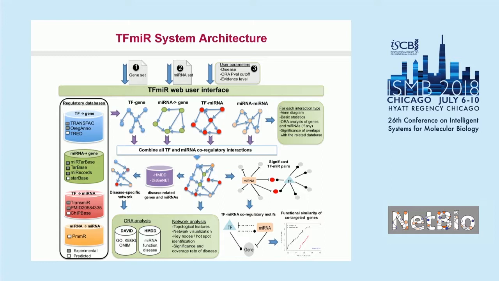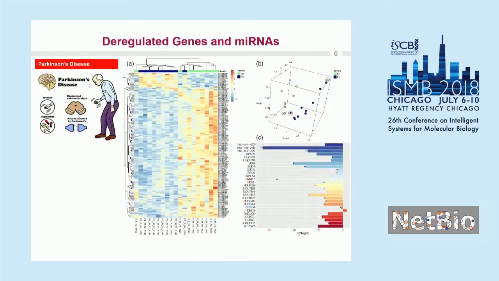There is some evidence behind this. Then collecting all of that into one big network, called the TF-microRNA network, and then reducing this network into a disease-specific network and doing some standard network analysis afterwards.